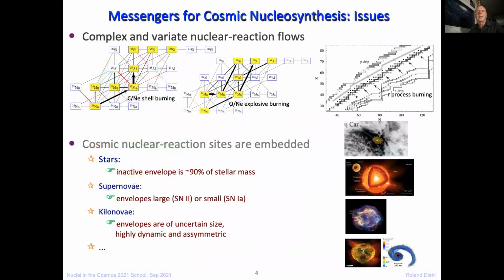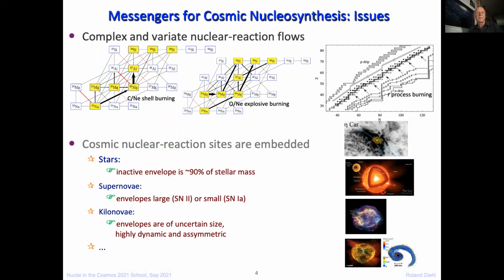In order to measure cosmic nuclei and solve nucleosynthesis issues, we are facing a variety of complex reaction networks that include charged particle reactions, and also neutron capture reactions in a complex way in the r and s processes.